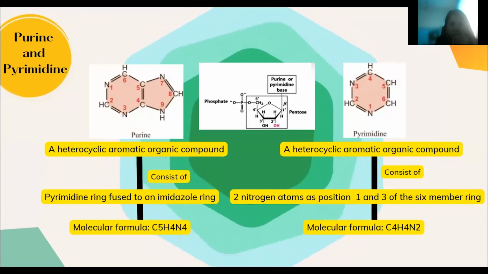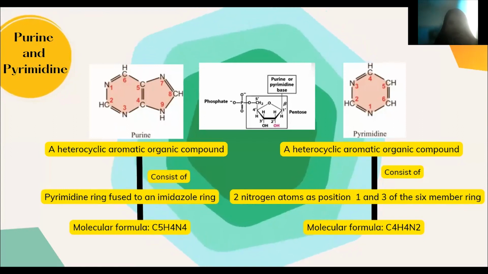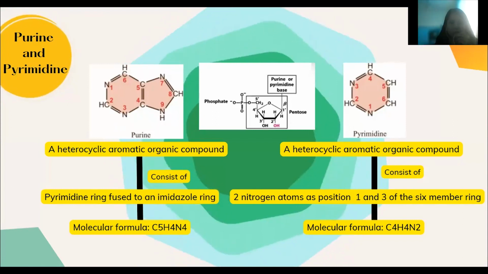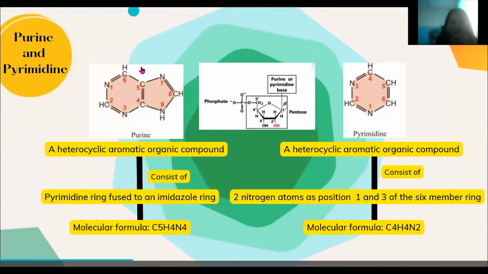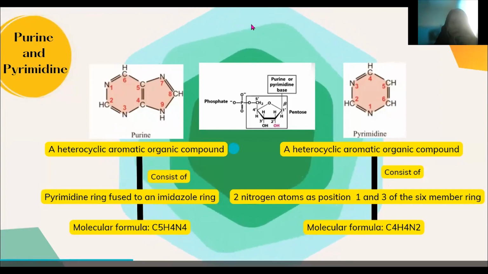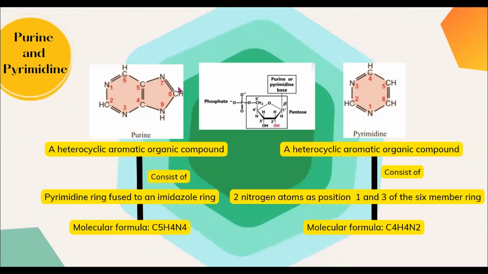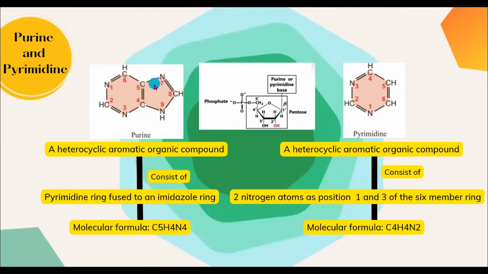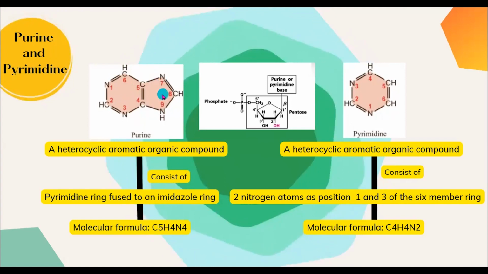I will be talking about purine and pyrimidine. Both of these bases are heterocyclic aromatic organic compounds, but what distinguishes them is the structure. As you can see here, purine is a double ring with the pyrimidine ring fused to the imidazole ring.